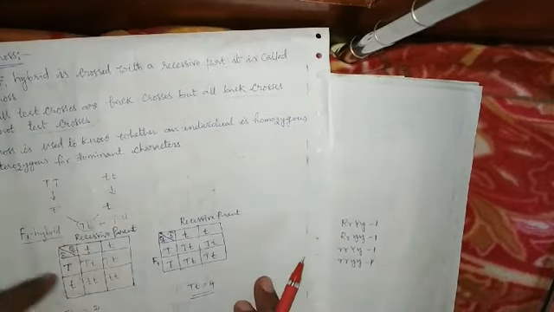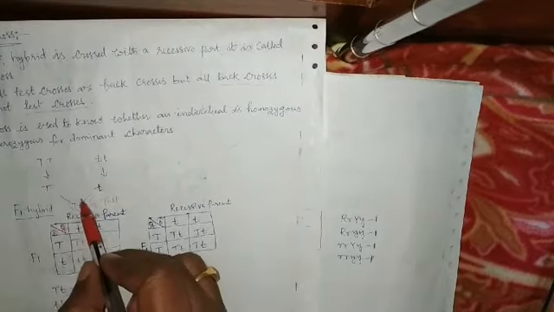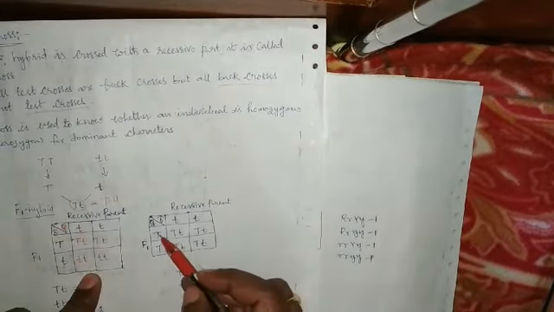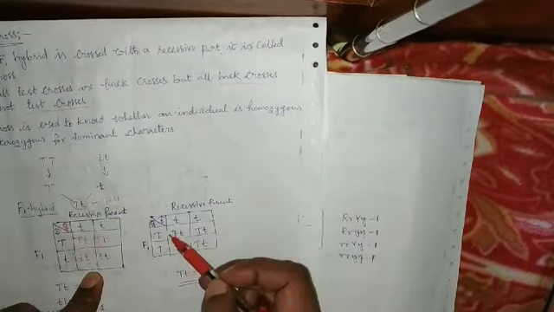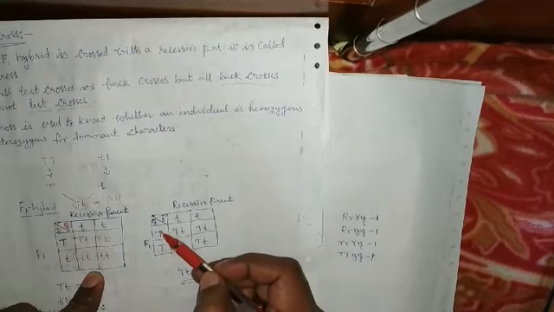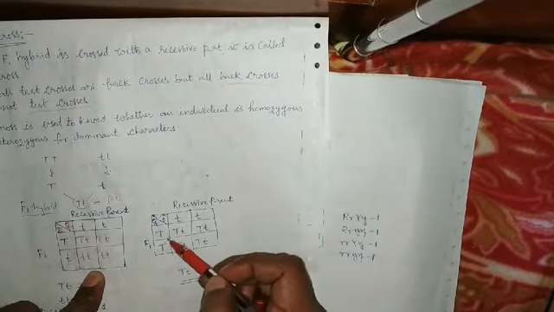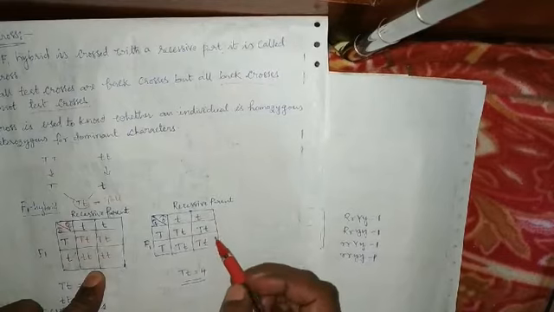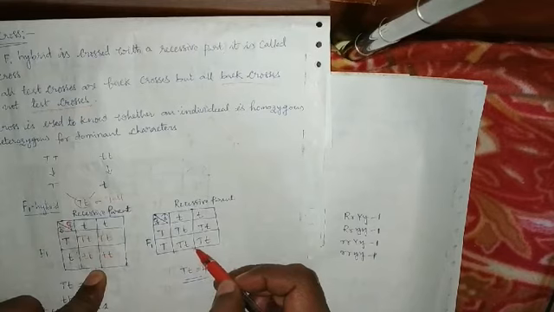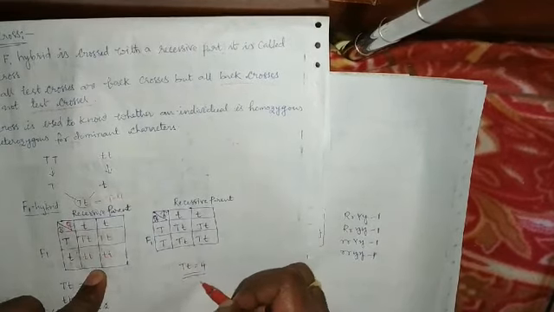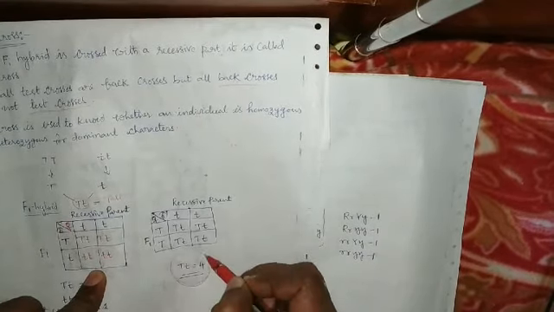If the F1 hybrid is a pure homozygous tall plant and it is crossed with the recessive parent, then we get capital T small t, capital T small t, capital T small t, capital T small t. All four are tall plants. This confirms that the F1 hybrid is a homozygous tall.